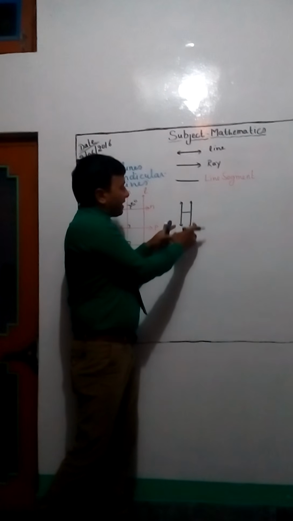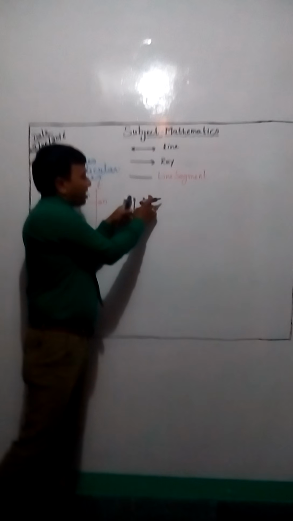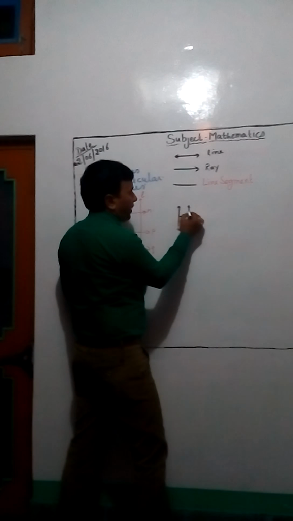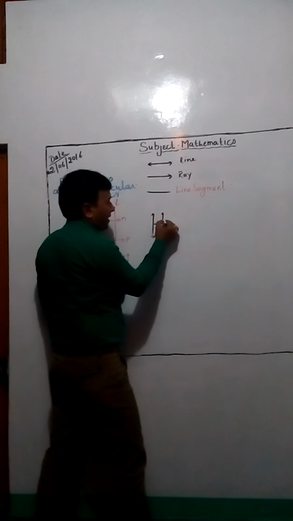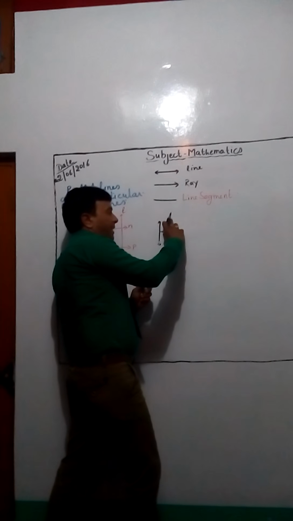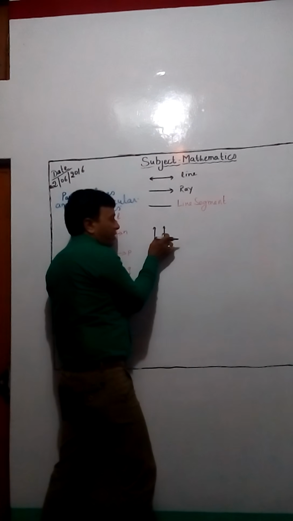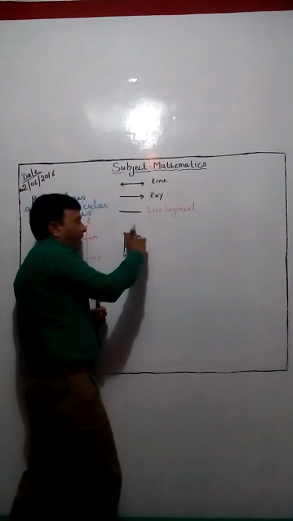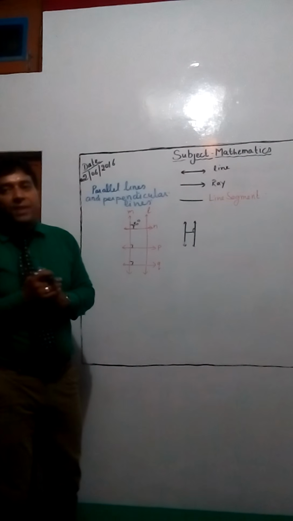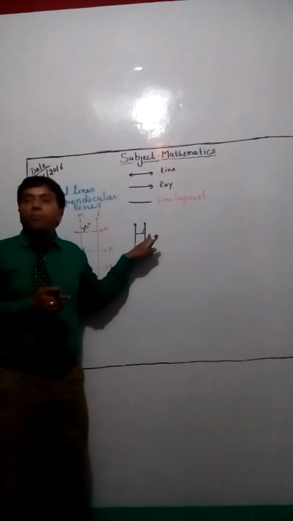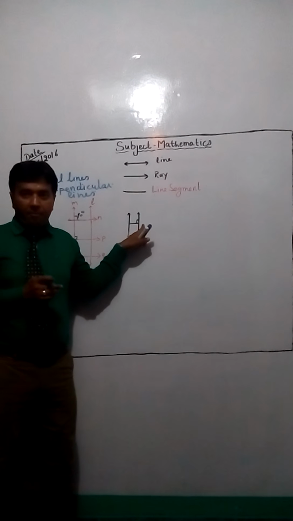So this is a very good example where you can say these two line segments are parallel. And if you take this one, then this angle is 90 degree. So this line segment and the other one between these two are forming an angle of 90 degree, and this is a very good example of perpendicular line segments.